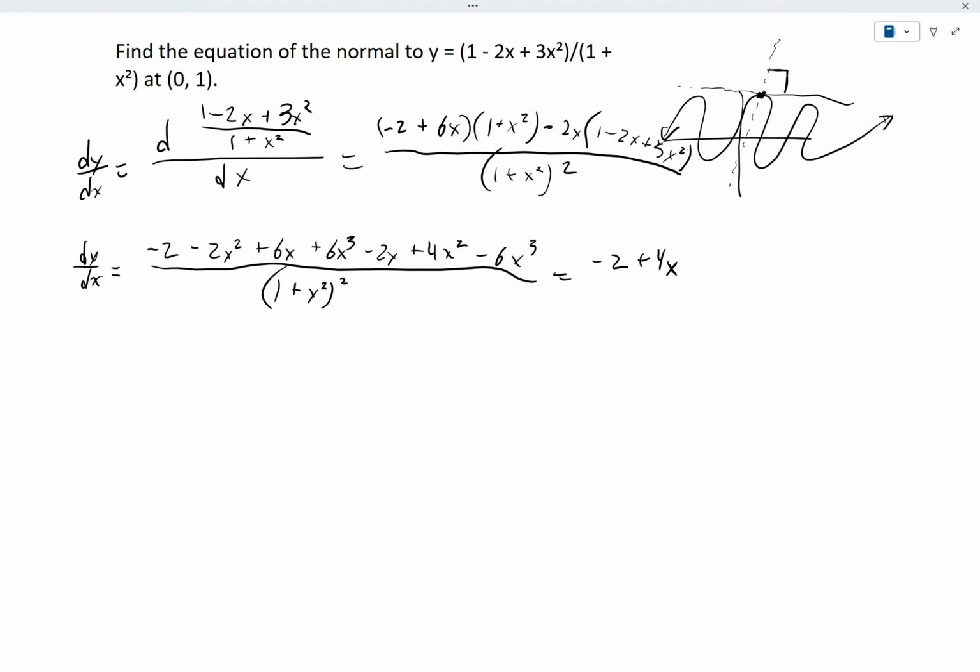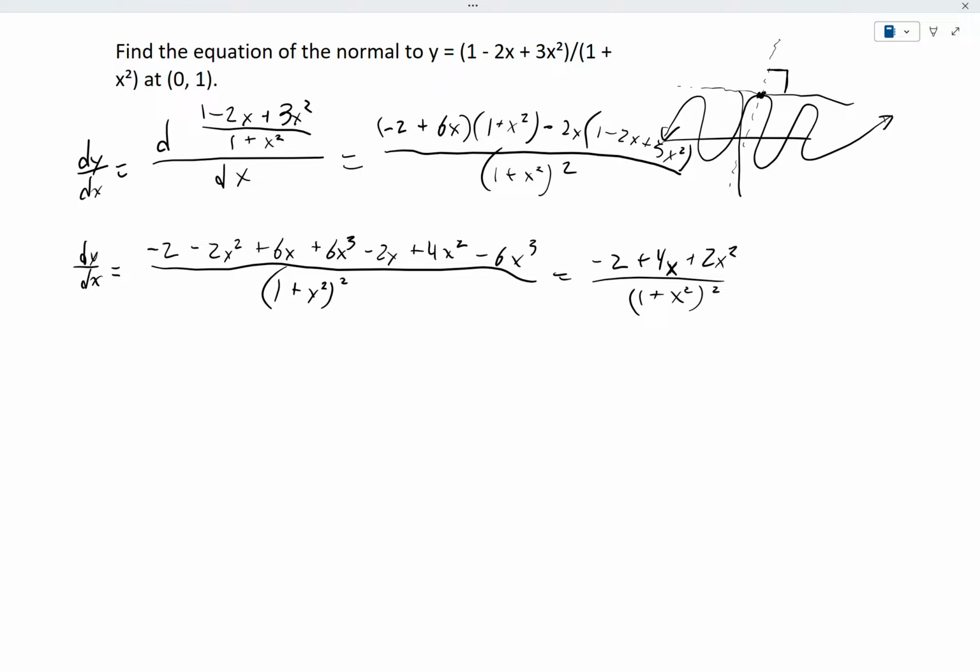How about our second power terms, negative 2x squared and 4x squared, so that looks like a 2x squared. And our third power terms, we got one right here and one right here. They perfectly cancel, so you have this over (1 plus x squared) squared. So that's great. That gives us the rate of change at every single point on the curve.